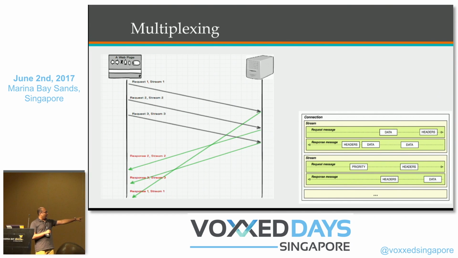The second thing is the stream. You can think of a stream as a bi-directional, independent sequence of frames. Each connection can have more than one concurrent stream, and each stream can be uniquely identified by an identifier, which is a 31-bit unsigned integer. So this is how your communication will look at the protocol level.